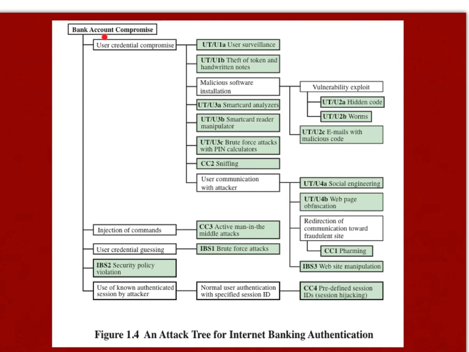So I divided the big objective into smaller objectives. These green ones are terminal nodes, which refer to the actual mechanism that I will use in order to perform that attack. So I use user surveillance, I use theft of tokens, physical tokens. I will hire someone to go and deceive someone to get the physical token from him.